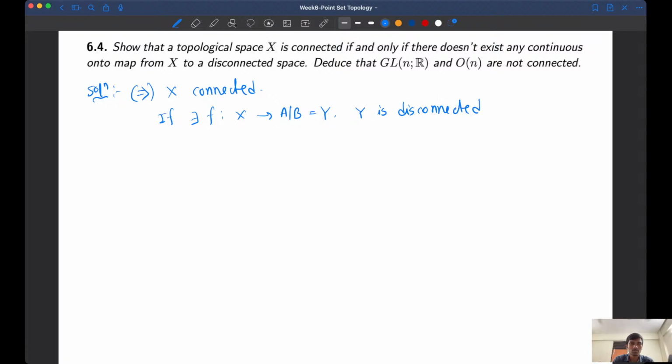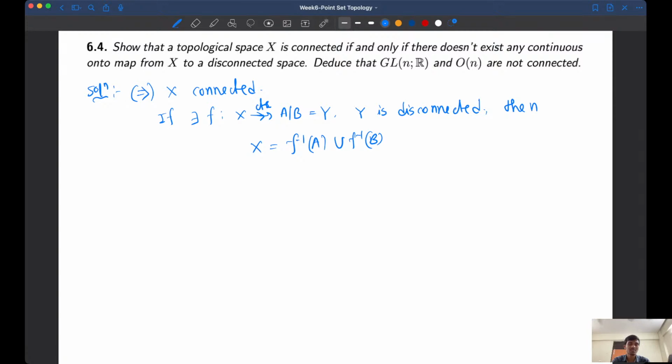So this f is first of all onto and continuous, okay. Then this X I can clearly write as f inverse A union f inverse B, and as A intersection B is empty, f inverse A intersection f inverse B is also empty.